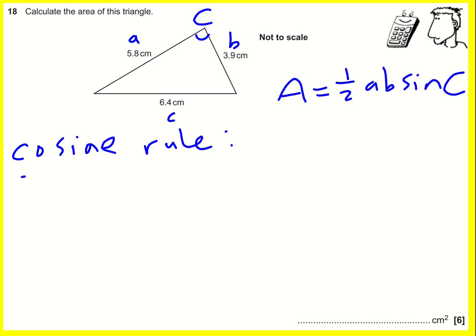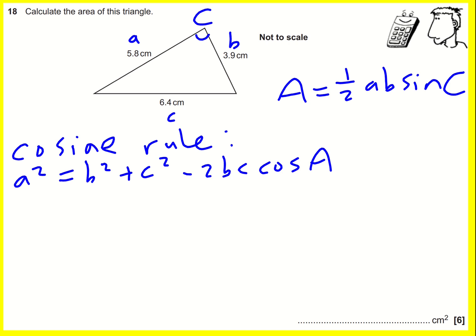The cosine rule says that a squared equals b squared plus c squared minus 2bc cos A. Now actually I've already labelled the triangle, and I'd now have to relabel it because I don't want what capital A is. But that's only one way of writing the cosine rule.